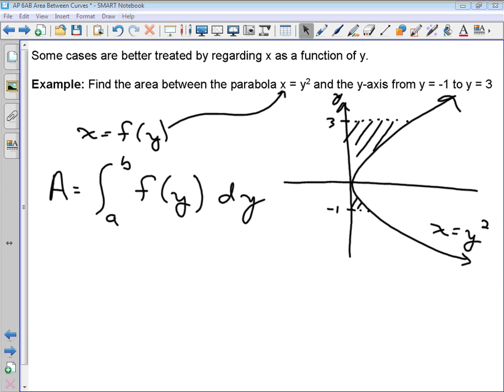Our function doesn't change from negative x values to positive x values or vice versa. So we can just do the straight integral from -1 to 3 of our function, y squared, integrated over dy.